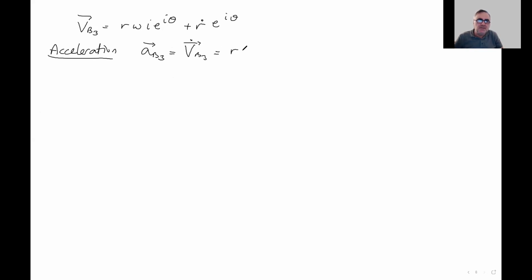Let's take the derivative of omega first: R alpha i e to the i theta plus R dot omega i e to the i theta plus, not plus, but rather, we are taking the derivative with respect to e to the i theta. It becomes R omega squared e to the i theta, right?